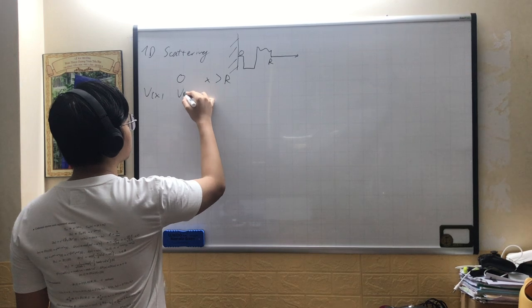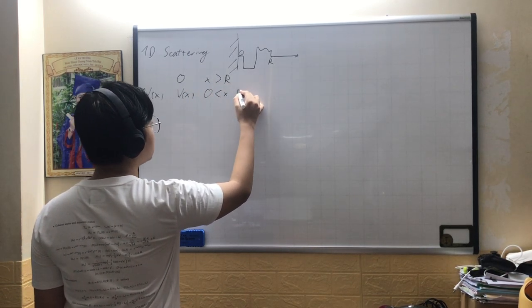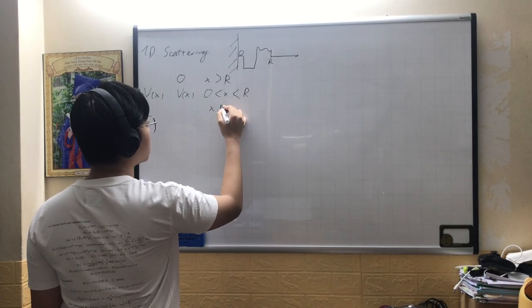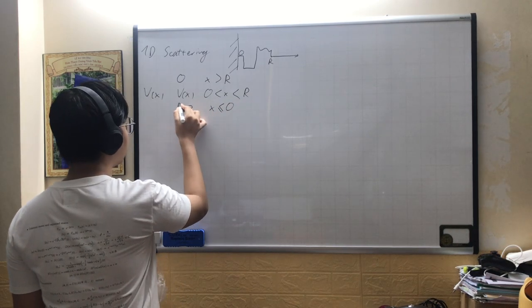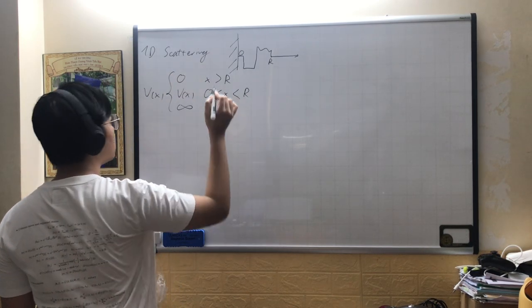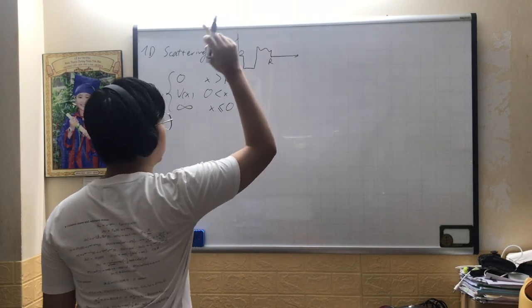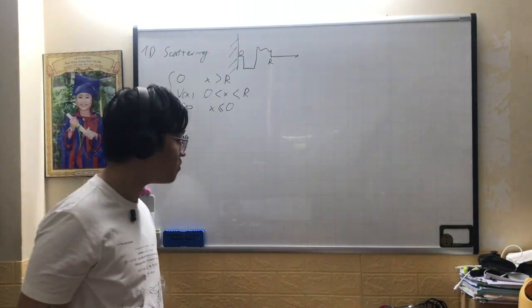It is a potential when it is between 0 and r, and when x is less than or equal to 0, that would be infinity, meaning that when it hits this part, it would bounce back. Whether it is the same function or not, we don't know.